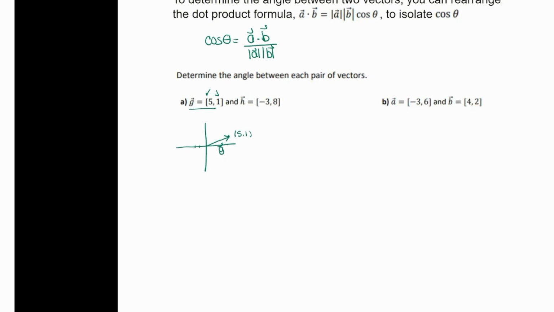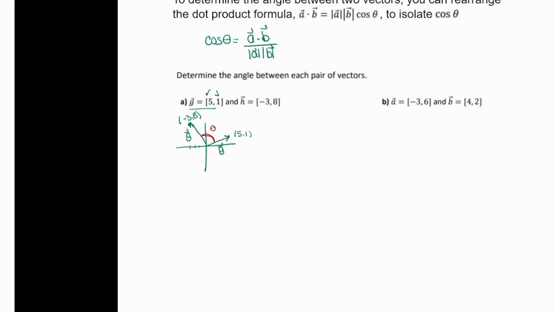So we come over here, -3 and up to 8. Okay, so that's what this looks like if we were to draw it out. What we're trying to find is the angle in between them. I've drawn it to look a little bit like 90 degrees, but we're going to do some math just to see if that's actually what's happening.